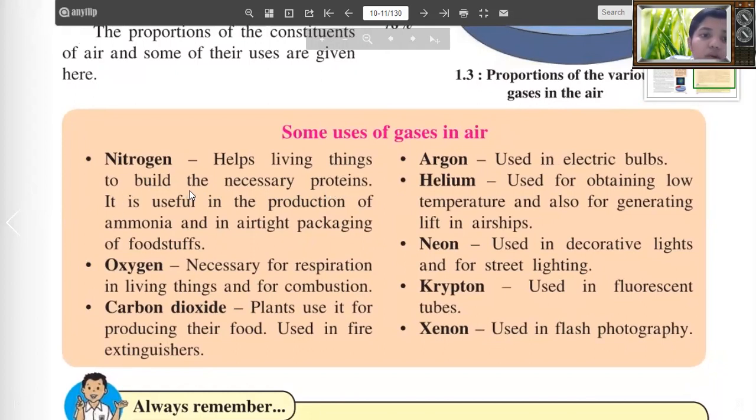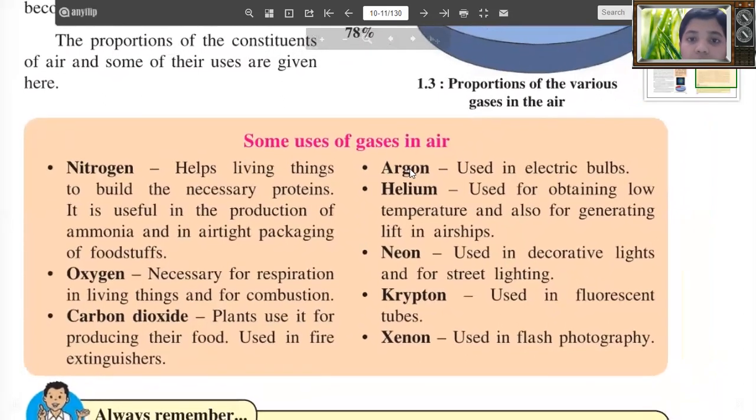It is useful in production of ammonia and airtight packing of foodstuffs. Oxygen is necessary for respiration in living things, and for combustion. Carbon dioxide: plants use it for producing their food, and it is used in fire extinguishers.